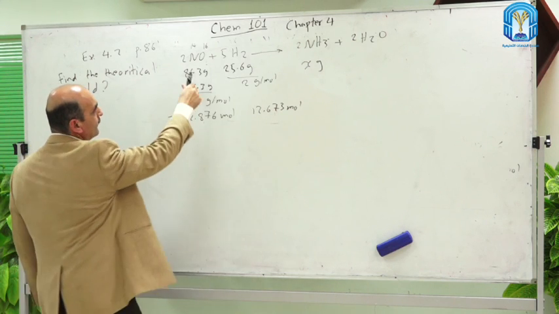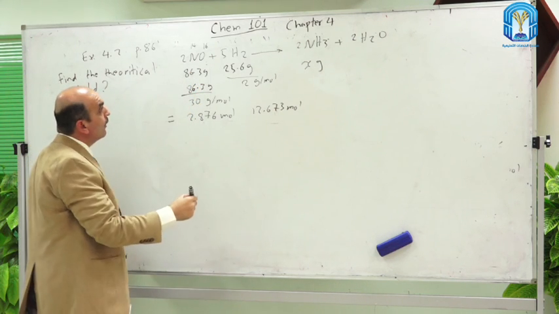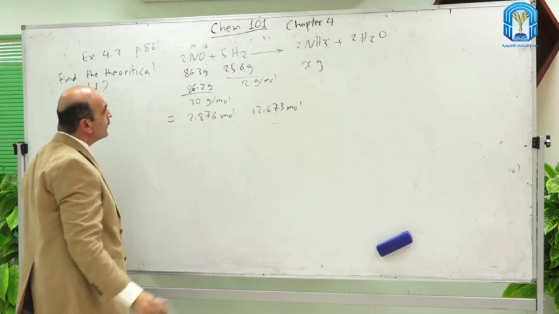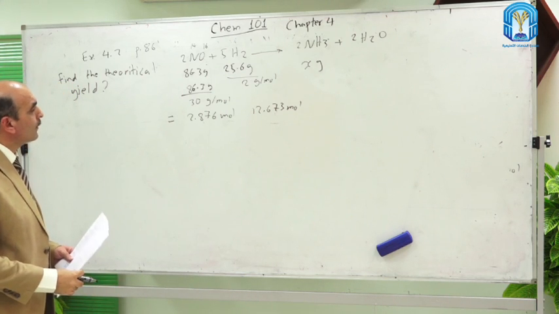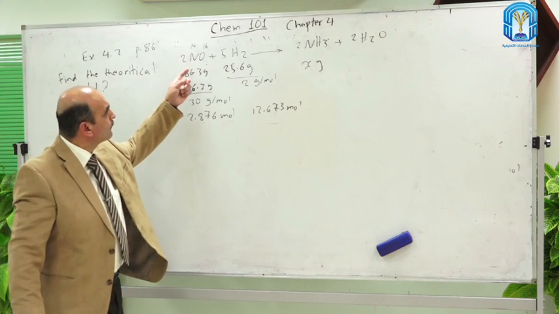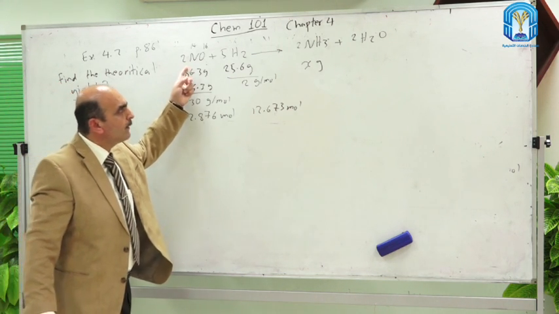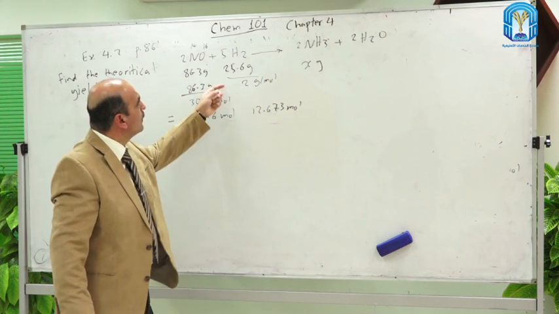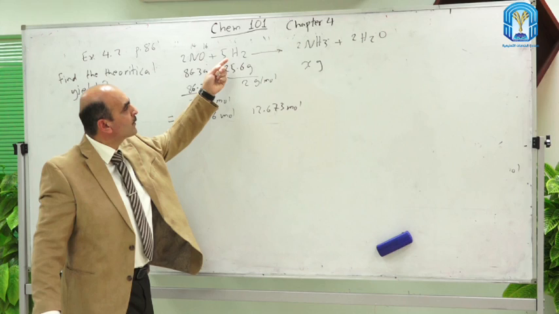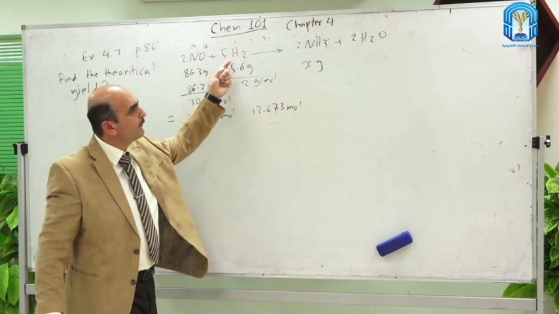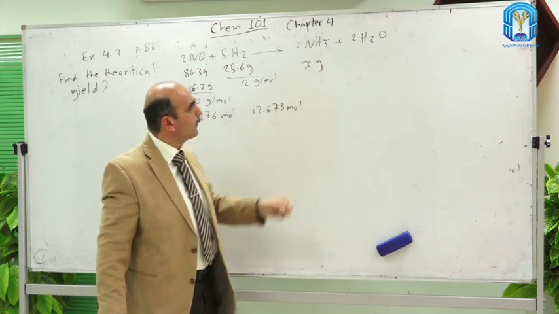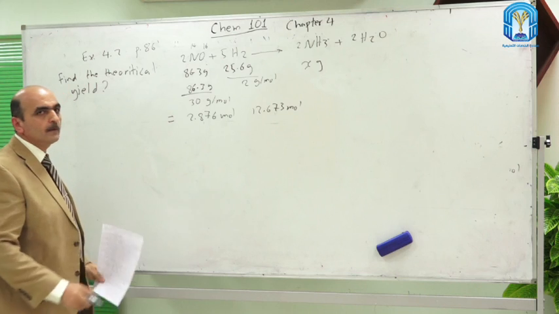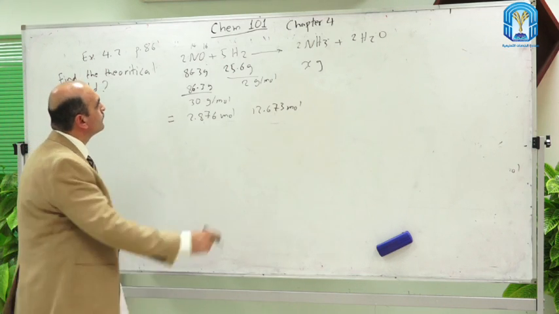So now we have in the reaction 2 moles of nitrogen monoxide. We need to calculate how many moles of ammonia the nitrogen monoxide produces, and same thing to calculate how much the hydrogen gives us, how many moles of ammonia, to determine the limiting reactant.